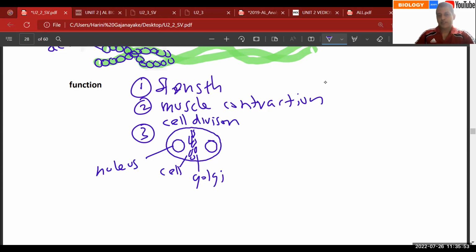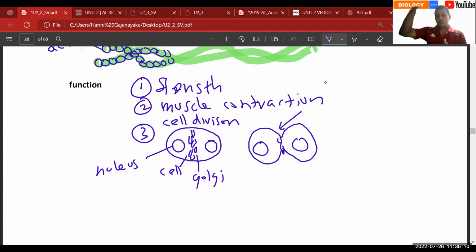After that, the cell is trying to break from the middle like this. And the breaking point in the middle is called the cleavage furrow.